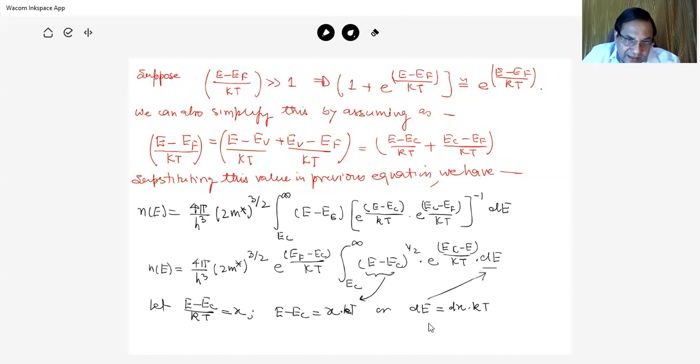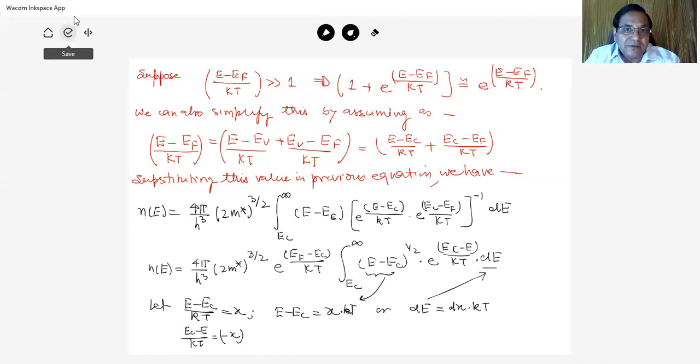So this can be written as Ec minus E upon kT is equal to minus x, and this minus x will be the exponential power.